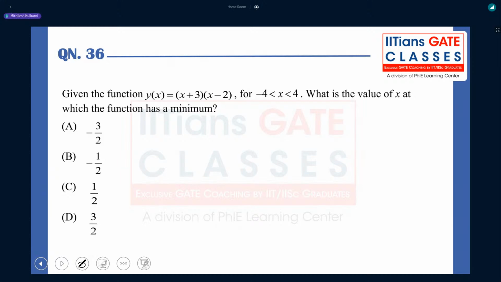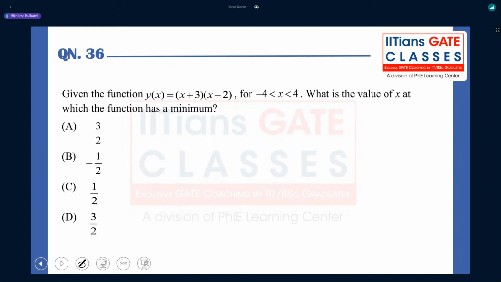What is asked here is, given a function y equal to (x plus 3)(x minus 2), for the value of x in the range of -4 to 4, what is the value of x at which the function is minimum?